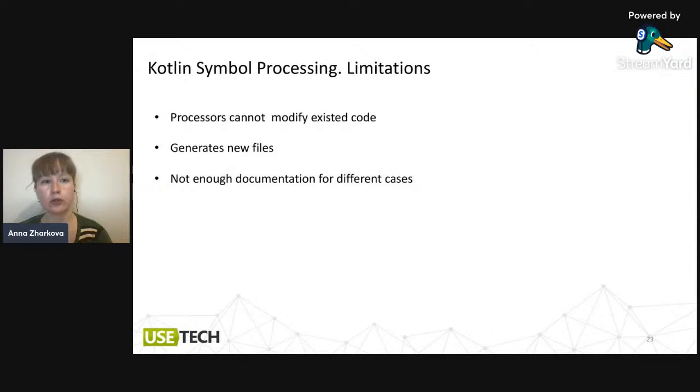And when we begin working with annotations, we suggest that there will be some modification of existing code, but there will be no modification of existing code, and we need to generate new files, and then these new files should be processed with your sources.